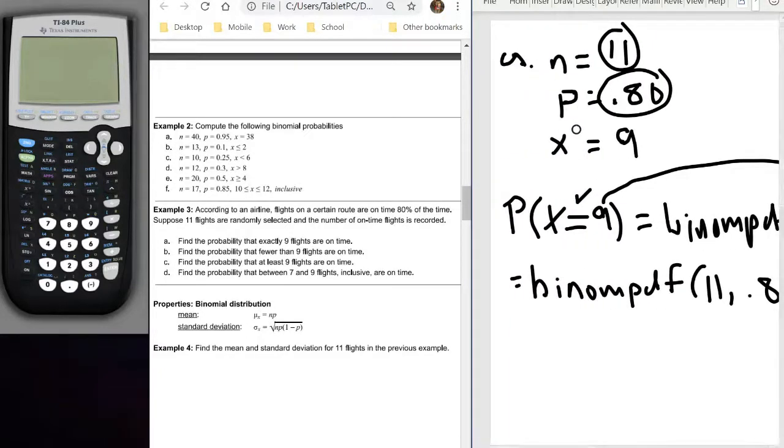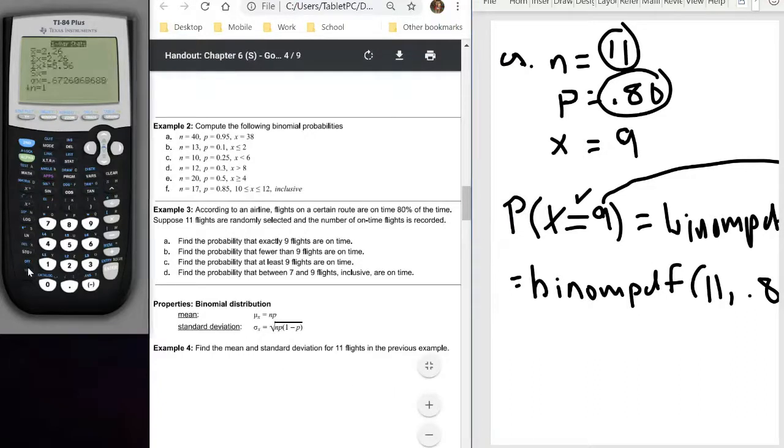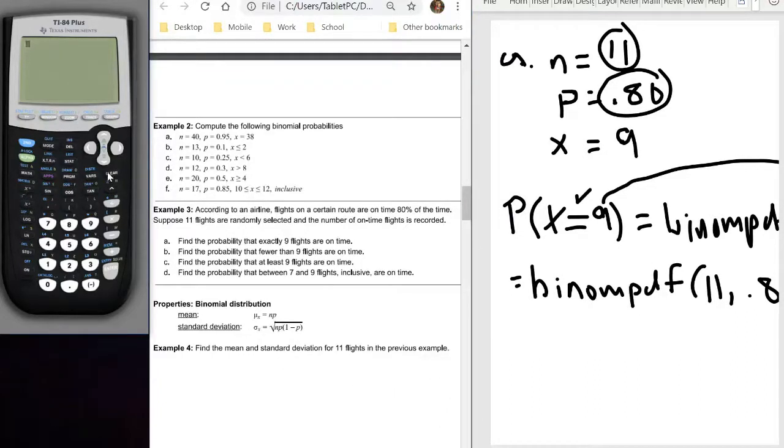Okay, so let's go to the calculator. The setup to find the function in order for us to calculate this binomial probability, we'll go to second and then bars. Second bars will pull up a lot of tools that we'll be able to use in this course.